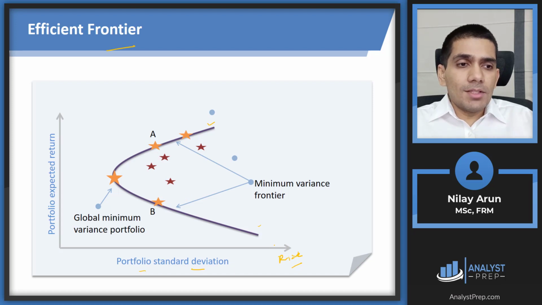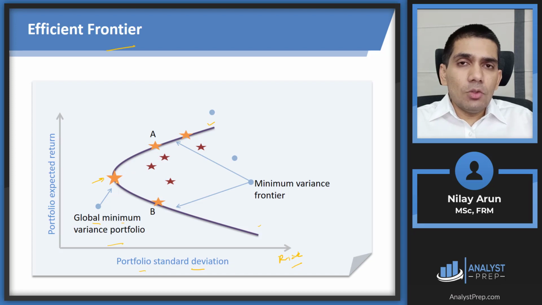So when we can see clearly that risk is on the x-axis, that means the point towards the left side, the leftmost point on this frontier, will be the global minimum variance portfolio. That means it's the least risky of all the available portfolios that we have. So that's going to be the leftmost point, what we have here. So that's your global minimum variance portfolio.